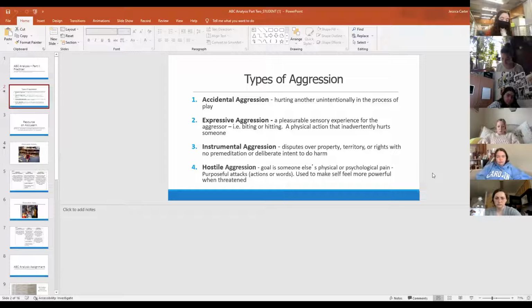Hostile aggression, sometimes yes, but when there is a pattern of hostile behavior toward other children, that's really more of a red flag to me than instrumental aggression, because I expect to see instrumental aggression happening with young children. It's just part of the deal.